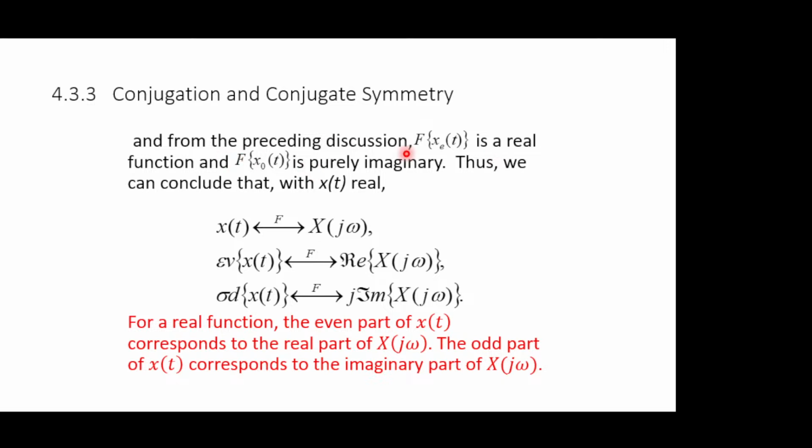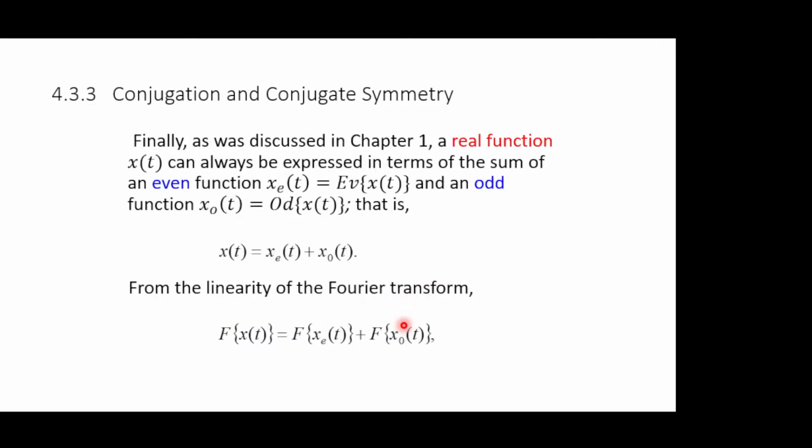Remember when we talked about real functions, when we do the Fourier transform and break it into the real part and the imaginary part, the real part will be even and the imaginary part will be odd, right?